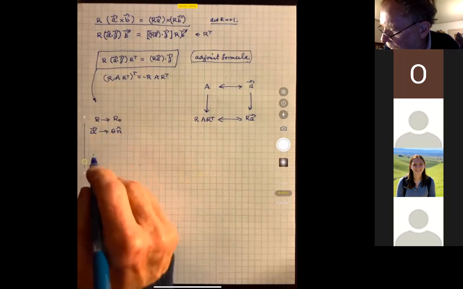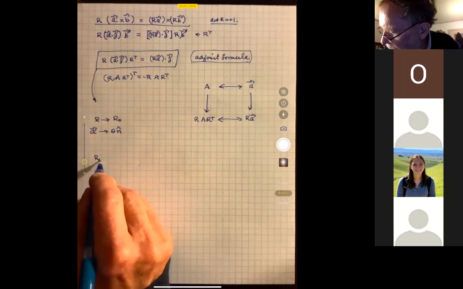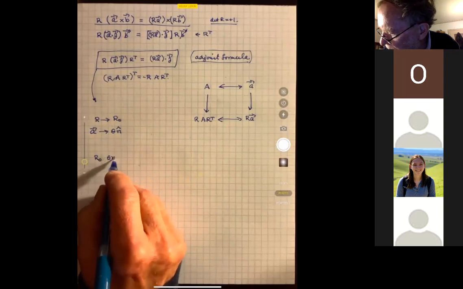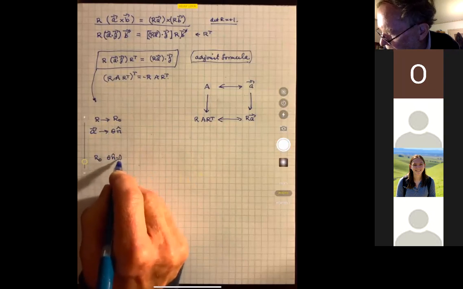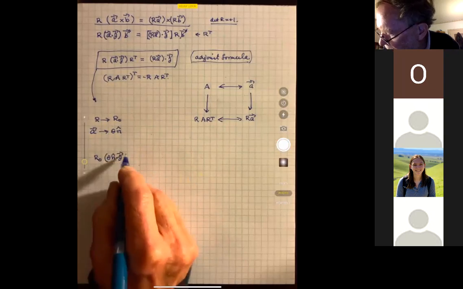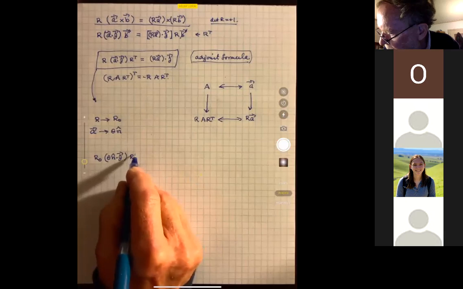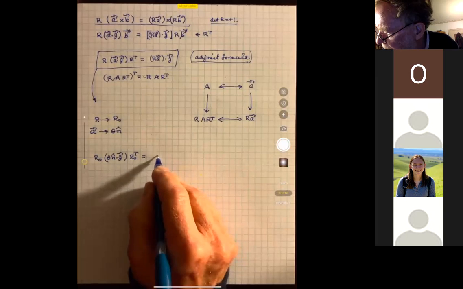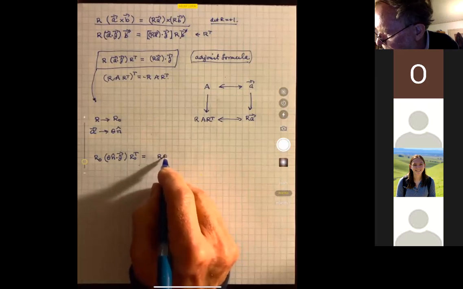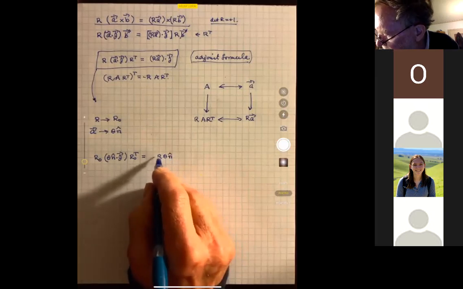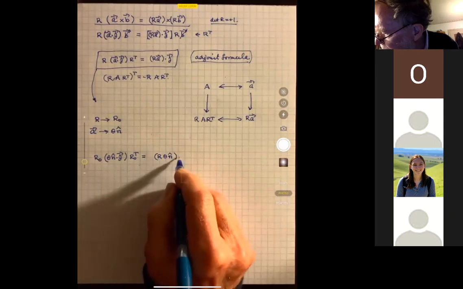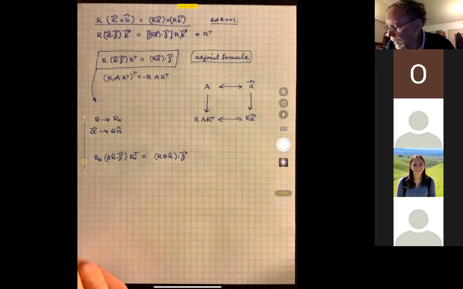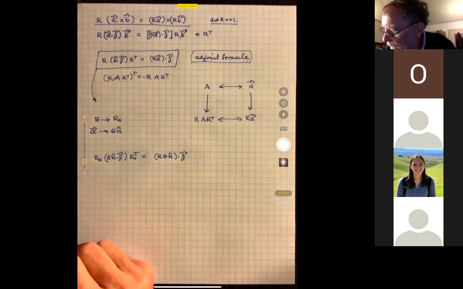If I do that, then the formula up above now looks like this. It becomes R naught times (theta n hat dotted into J vector), I'll put parentheses around that, R naught transpose, is equal to, on the right-hand side, R acting on theta n hat like this, dotted into J like that. Okay, now that is just a change of notation.